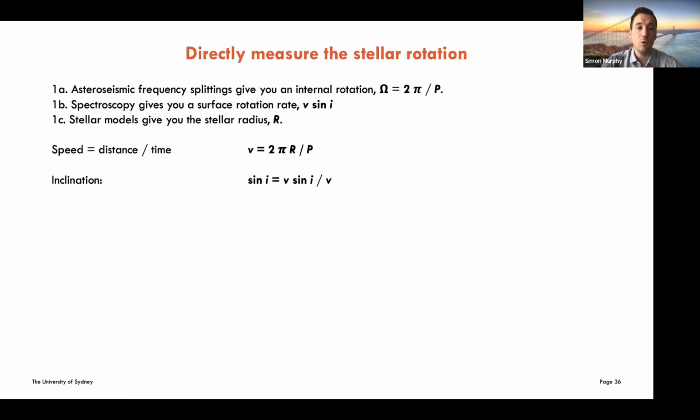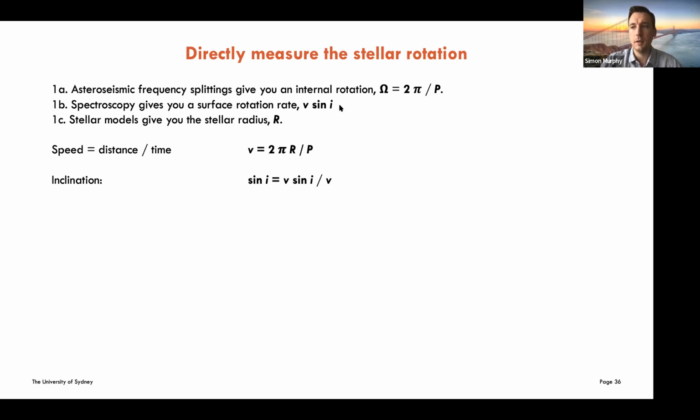But rotation also offers another opportunity. We can directly measure that rotation with asteroseismology. I mentioned the rotational splitting that we see and the frequency shift that we see for rotating models and prograde modes. So from that asteroseismic frequency splitting, you get an internal rotation rate, omega, and omega is basically 2 pi divided by the rotation period.